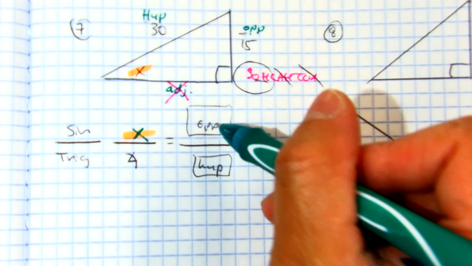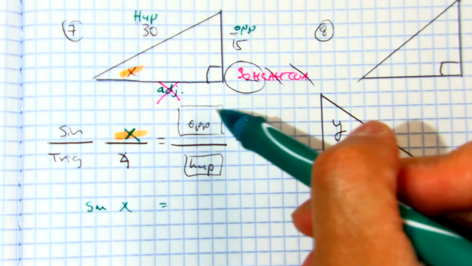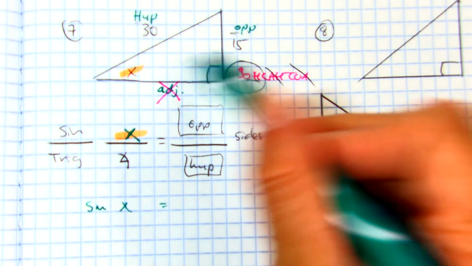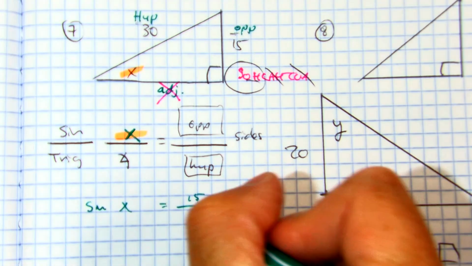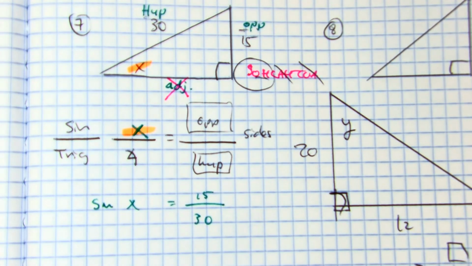Cindy, what goes in the opposite? 15. And your hypotenuse? 30. Partner A, tell partner B, should you cross multiply or take the inverse? Take the inverse.